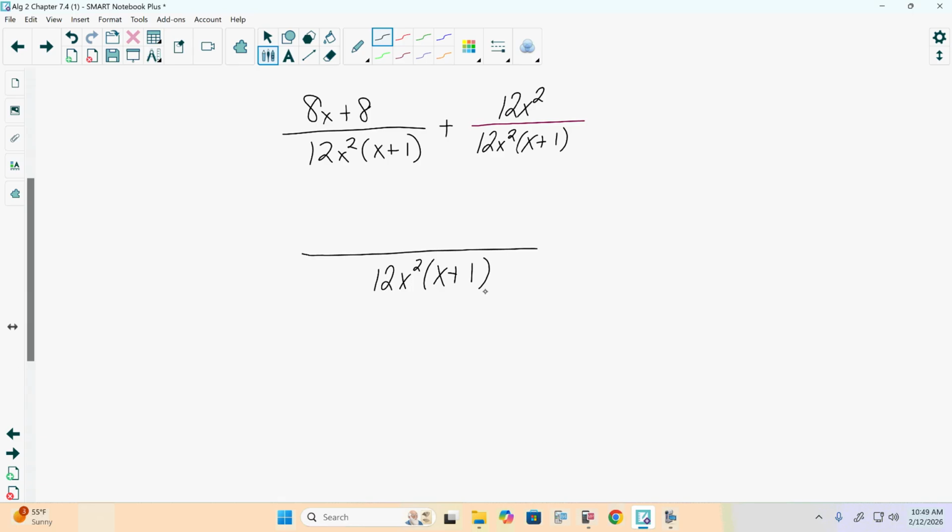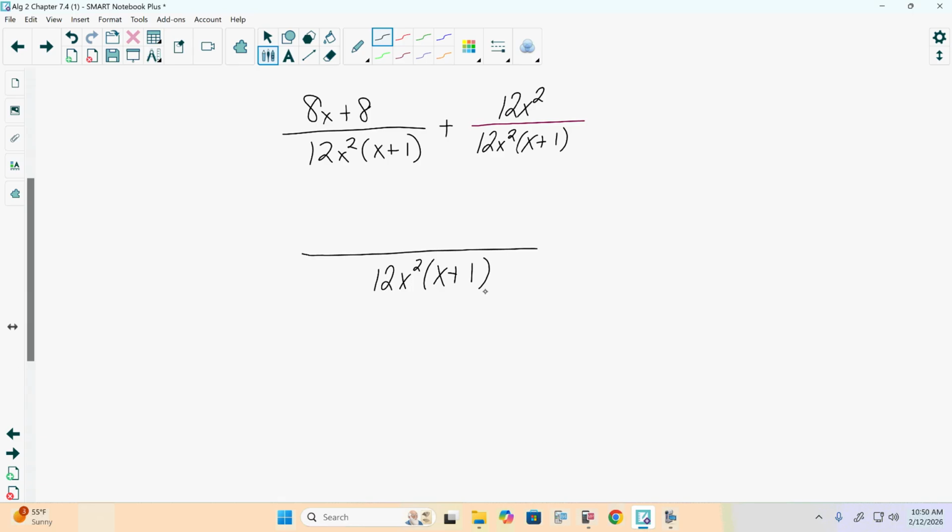Yes? Is 12x squared times x plus 1 factored? Well, yeah, it's already in factored form. So there's not a whole lot of reason to multiply the 12x squared by x and 12x squared by 1, because if something simplifies, we're going to have to factor it right back out. Do we kind of get that with the bottom?